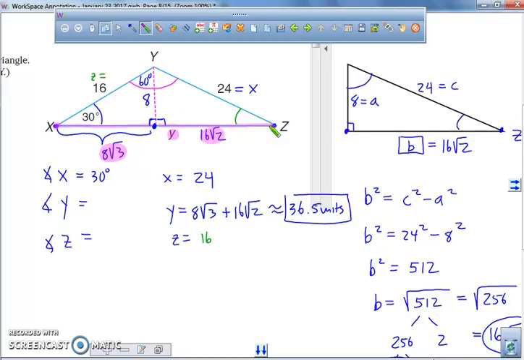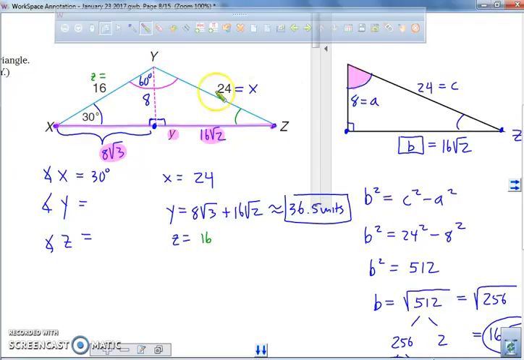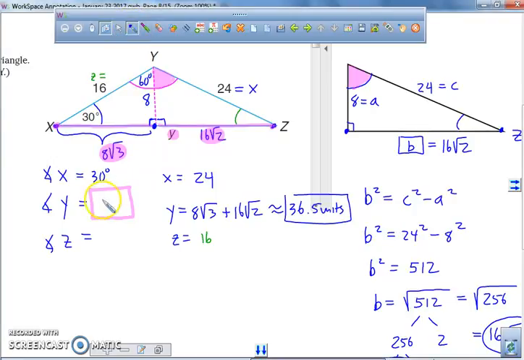Now, we're going to use a little trigonometry to find the measure of this angle right in here. This angle is very important because that's the measure of this angle right in here. I want you to understand that angle y is going to be 60 degrees plus whatever we get for this angle.